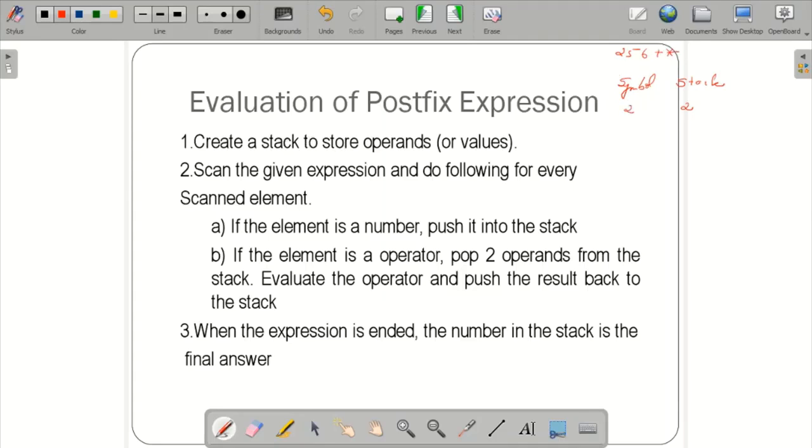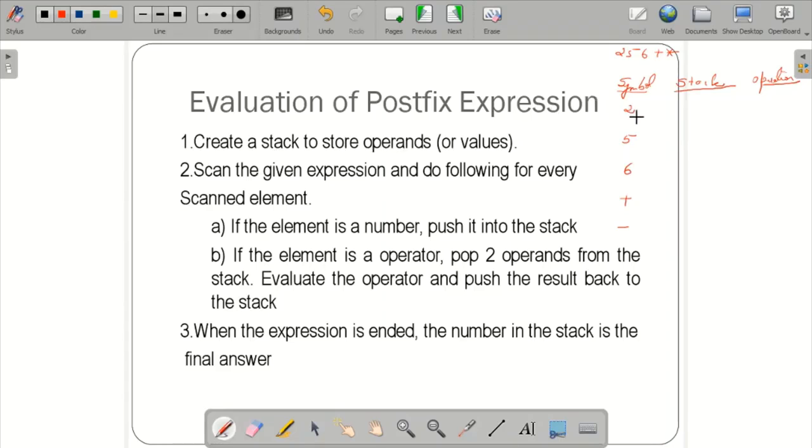I'll write the symbols here: 2, 5, 6 plus and minus. This is the stack, this is the symbol, and whatever operation you do, push or pop, I'll write over here. So create a stack to store the operands, and whenever you find an operand, you push it into the stack.